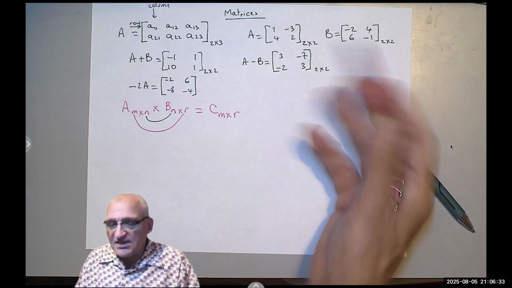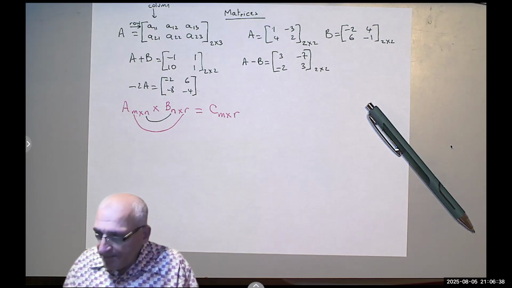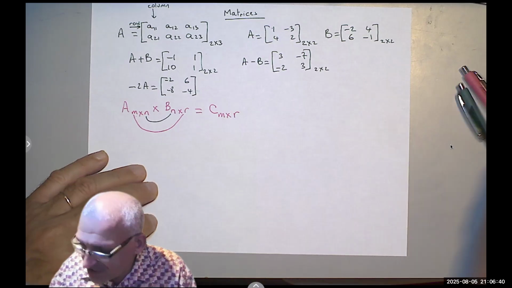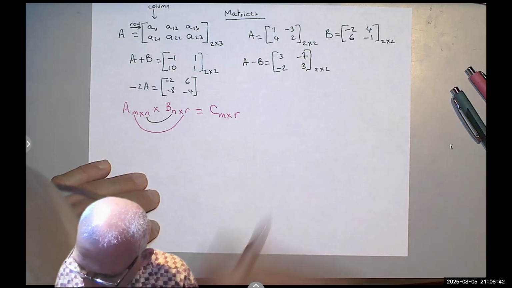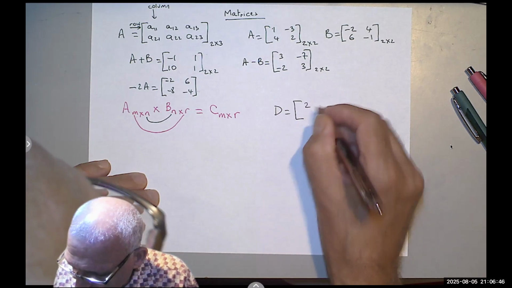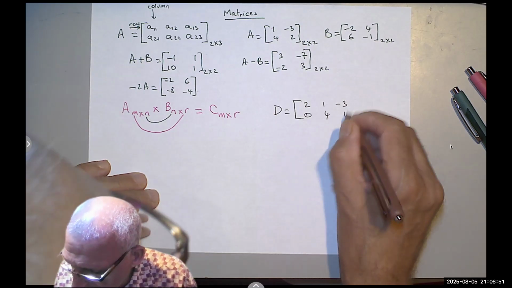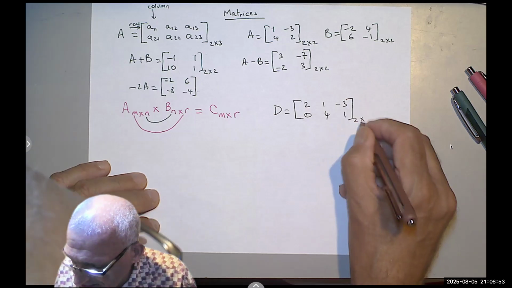Of course, if it's the same size, like 2 by 2 times 2 by 2, yes, I can multiply A by B. But what if I have a matrix, let's call it D, and matrix D was 2, 1, negative 3, 0, 4, 1. It's a 2 by 3.